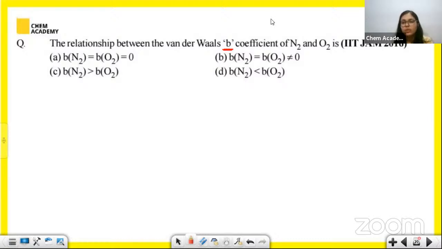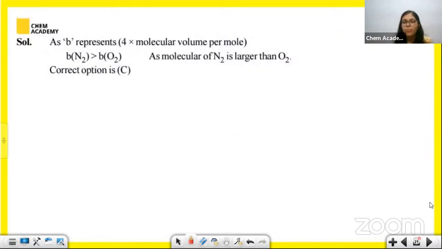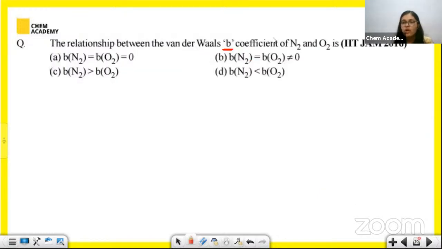We know that the van der Waals constant B is actually 4 into the molecular volume, B represents 4 into the molecular volume per mole. So from N2 and O2, which of these has higher molecular volume? We know that N2 has higher molecular volume. Therefore, the value of B for N2 is going to be higher. Therefore, BN2 will be greater than BO2. This is the correct answer.